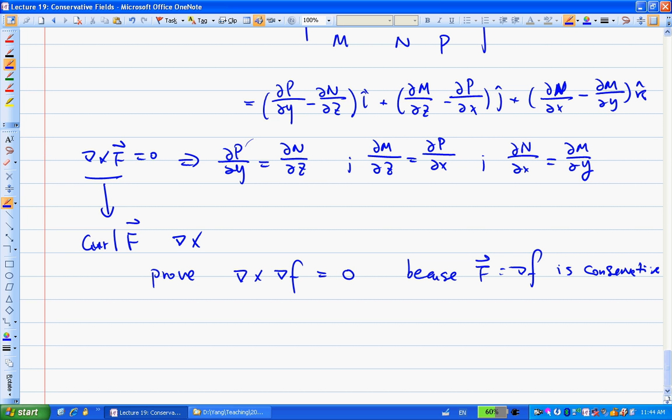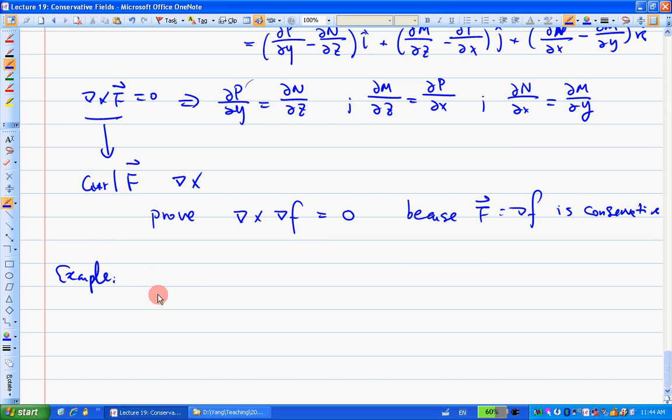Now we know how to check whether a field is conservative. Let's take a look at an example. I'll give you a vector field.